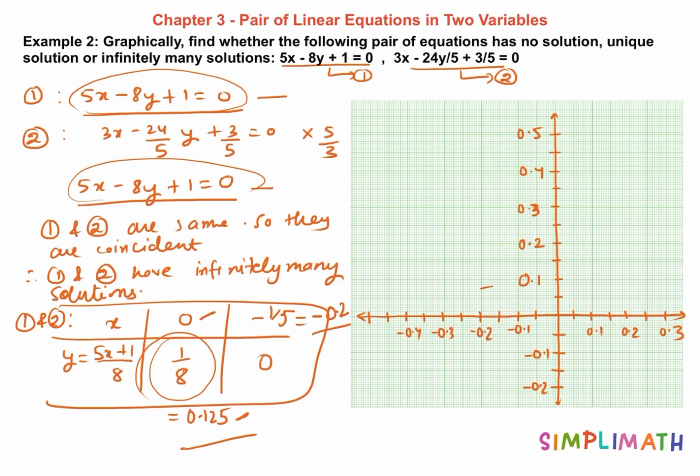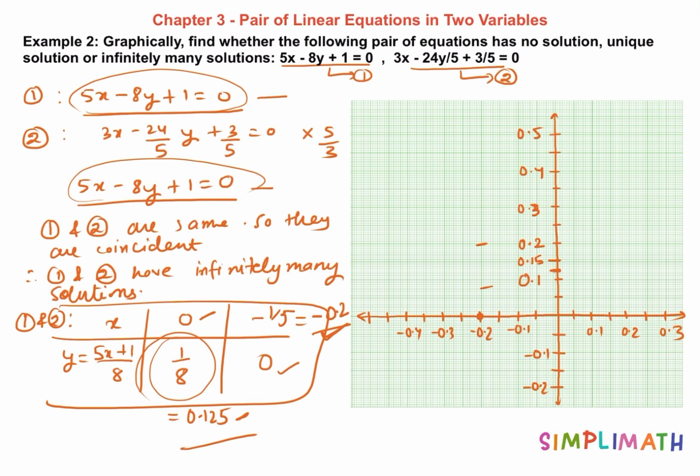So this is 0.1, this is 0.2, this point is 0.15, and 0.125 would be the midpoint of 0.1 and 0.15. Alright, so this is the point. Now when x equal to minus 0.2, then y equal to 0, so it is this point, minus 0.2 and y equal to 0.